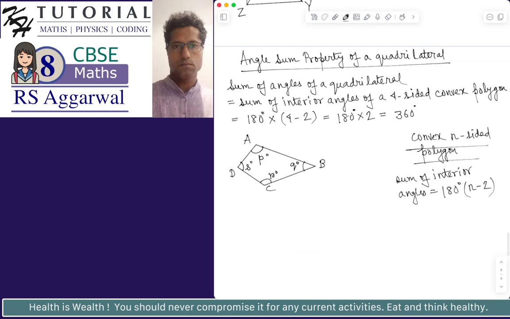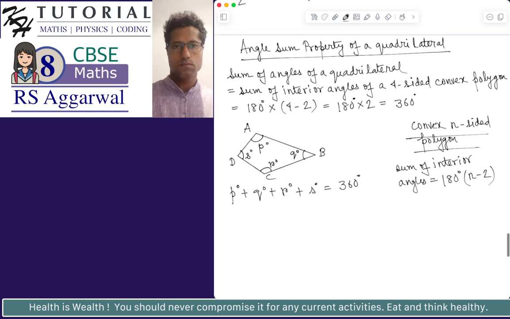As you can see in this illustrative diagram of a quadrilateral ABCD, we will have P degree plus Q degree plus R degree plus S degree is equal to 360 degrees. So this is the angle sum property of a quadrilateral, which says that the sum of the interior angles of a quadrilateral is always 360 degrees.